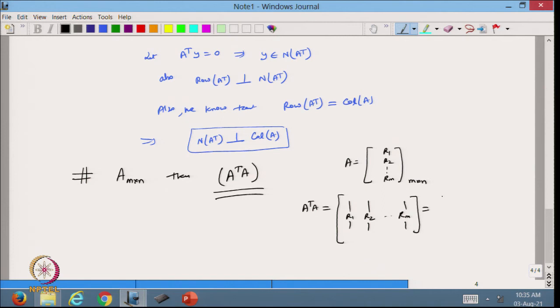So, I can write this as R1 transpose, R2 transpose, and Rm transpose, if R is the row, then it will be column. If A is of m cross n dimension, this will be n cross m dimension.